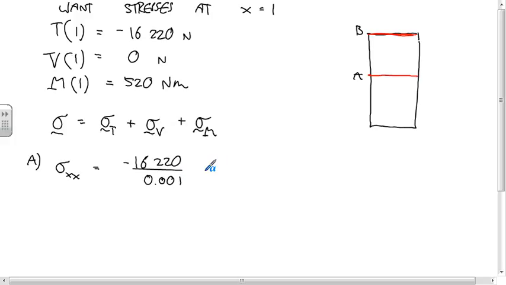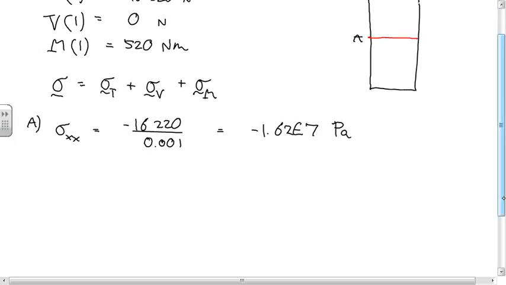No, that's right. And so you get a value of negative 1.62 times 10 to the 7, I believe, pascals. So the stress tensor due to tension is equal to minus 1.62 times 10 to the 7, zeros everywhere else.